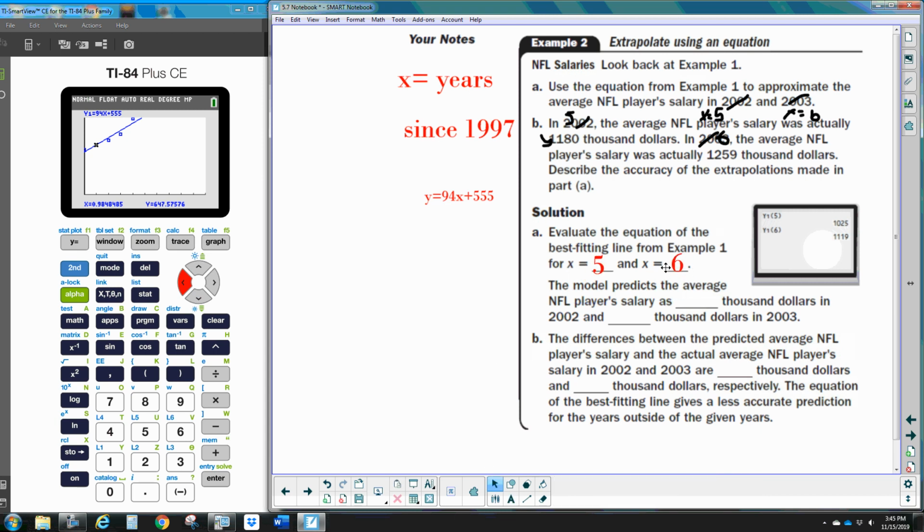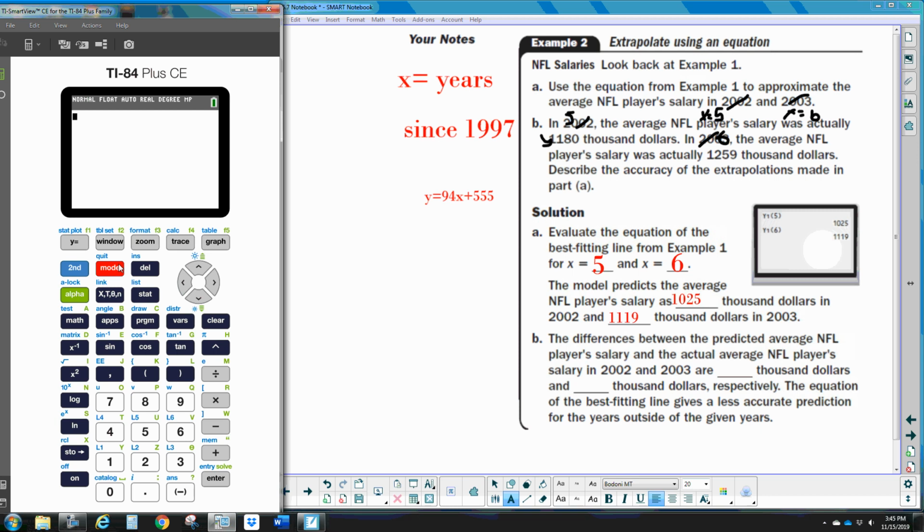Using the model is going to predict an average salary of $1,025 when x is 5. And when x is 6, they're going to predict $1,119,000 in 2003.